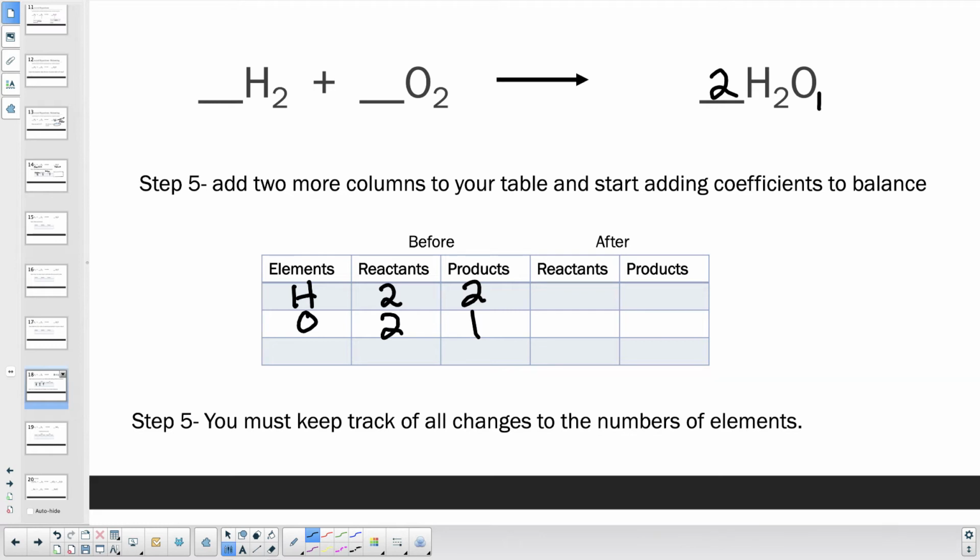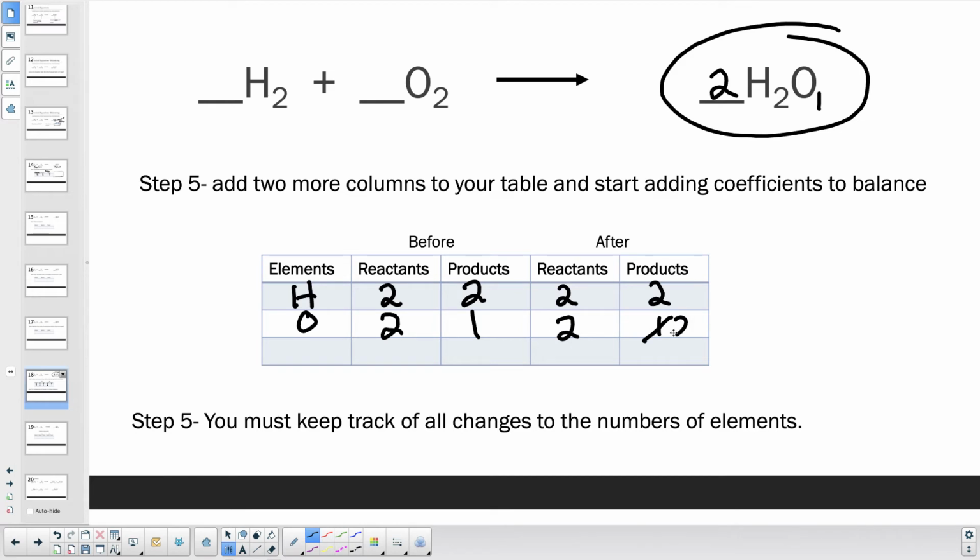So let's just copy over what the numbers were before, and then we look to where we've made the change and we change the numbers. So now we have 2 oxygens, but now we also have 4 hydrogens.